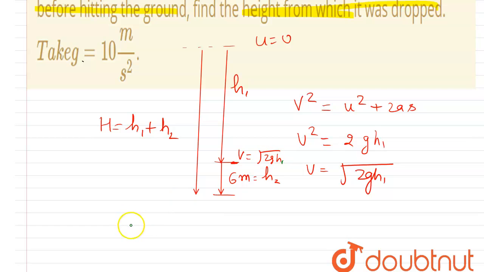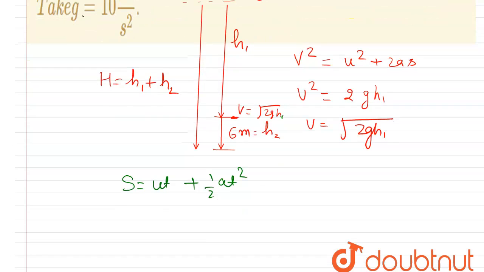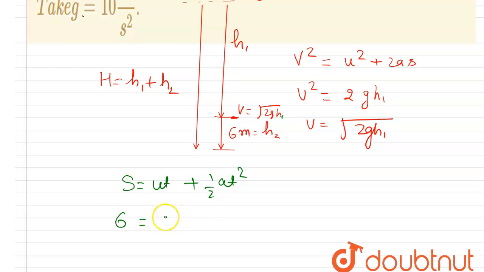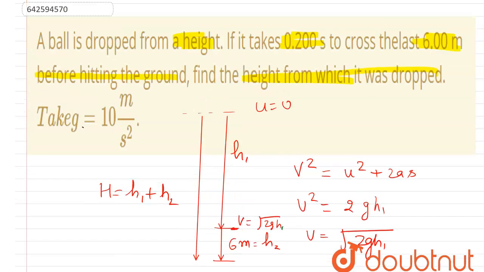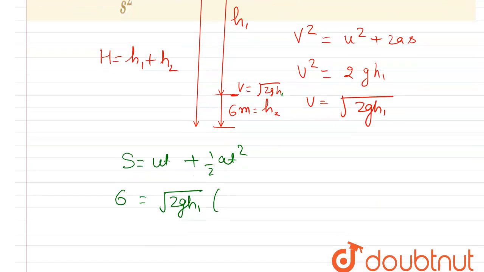So I will write s is equal to ut plus half at square. Now you can see we know the acceleration, we know the time, we know the initial velocity for this 6 meter displacement, right? So we can just put the values here. The displacement here is 6 meter, and the initial velocity is under root 2g h1, and the time taken to travel this 6 meter distance is 0.2.